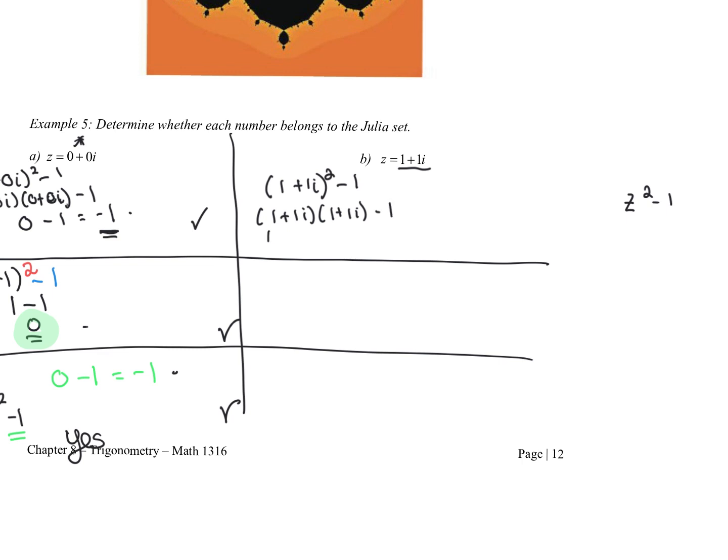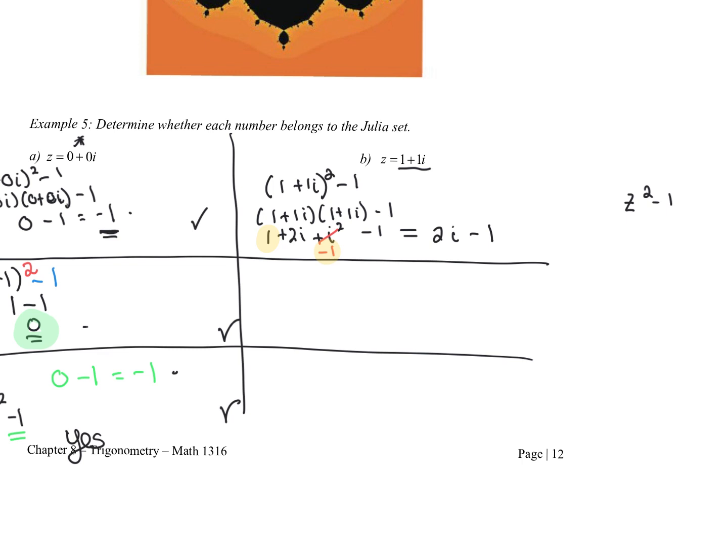When you FOIL this out, you should get 1 plus 2i plus i squared minus 1. i squared is the same thing as -1, which means that 1 and minus 1 are going to cancel each other, leaving me with 2i and then minus 1.